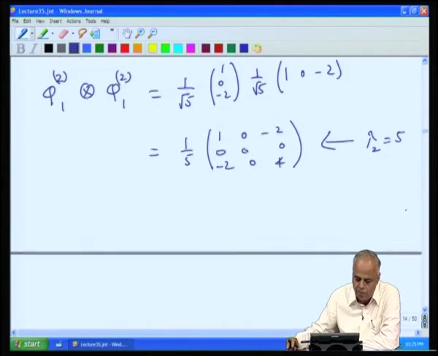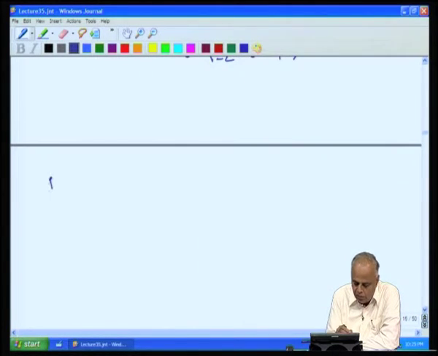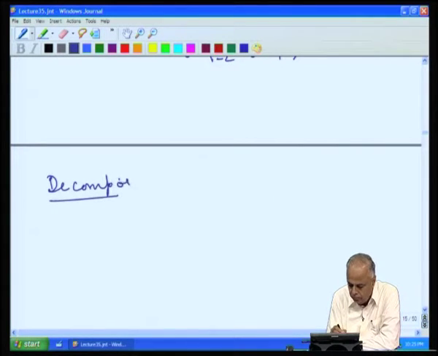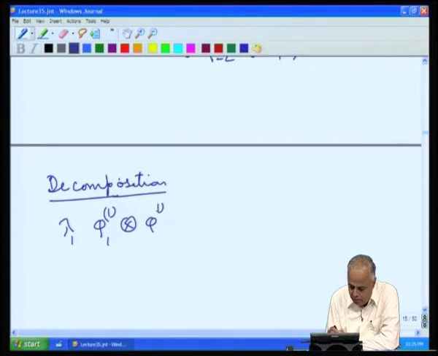Now, how does the decomposition look? We have to take the tensor product of the eigenvectors and multiply by the corresponding eigenvalue, and there are only two non-zero ones here.